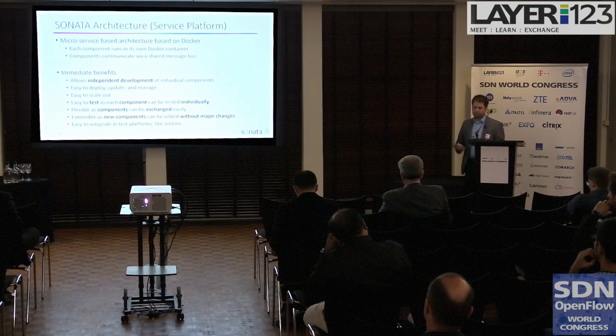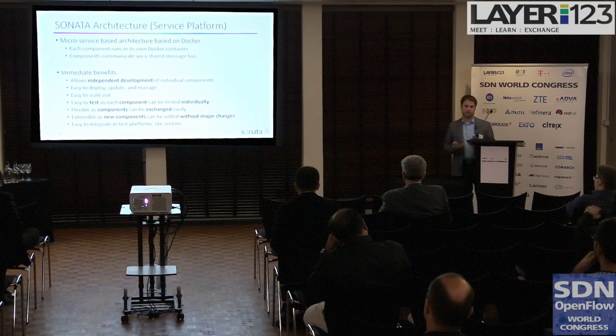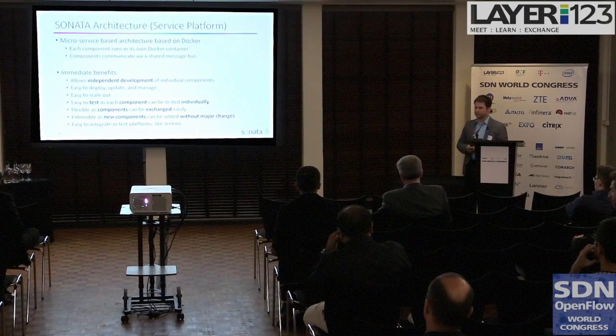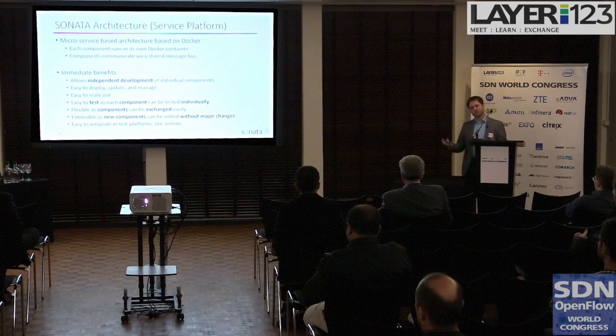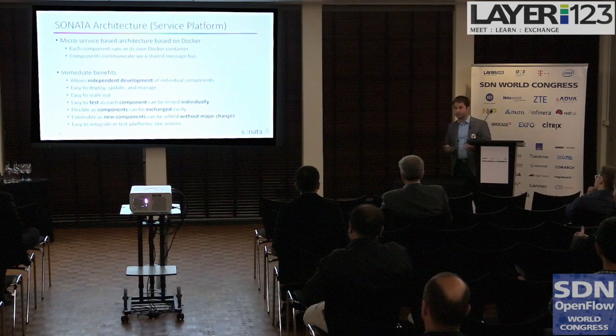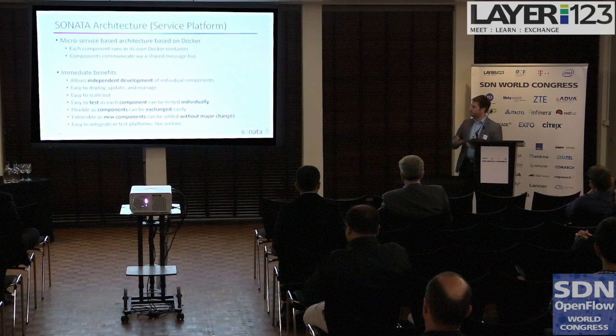And finally, this architecture helps us to test automatically and build a CI/CD pipeline using Jenkins. So that's what Josep also mentioned already. It's open source, so everyone can contribute. It's on GitHub. You just need to fork it and create a pull request, and once you create the pull request it will be automatically tested.